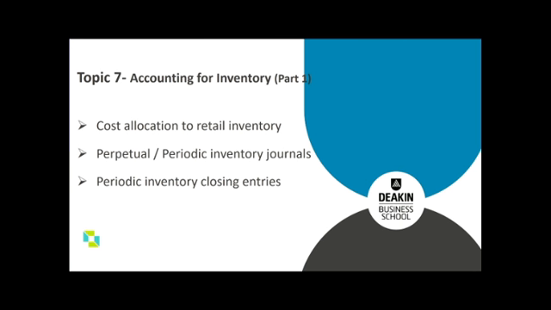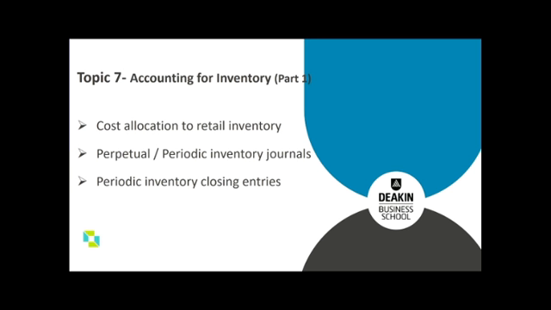We're not really covering cost allocation to manufacturers. Cost allocation to manufacturers is a very difficult topic and will be covered in a lot more detail in management accounting, but not in financial accounting. So we're only looking at retailers. We'll briefly go over the manufacturers, but the focus is on retailers.